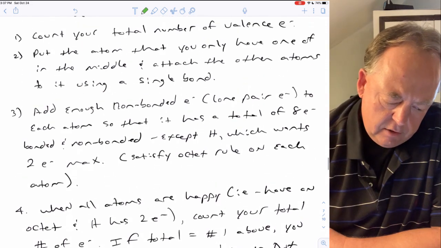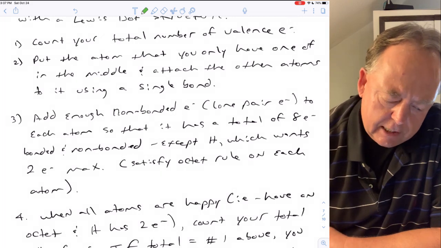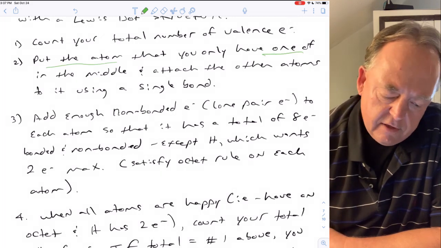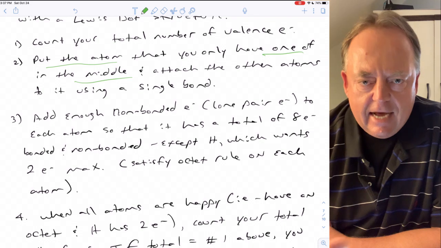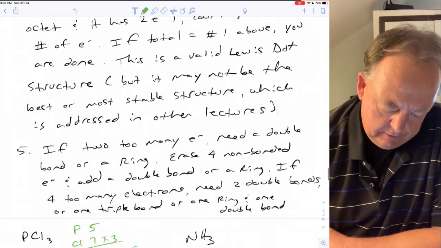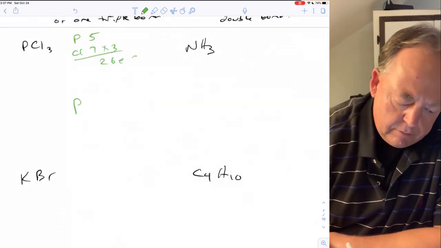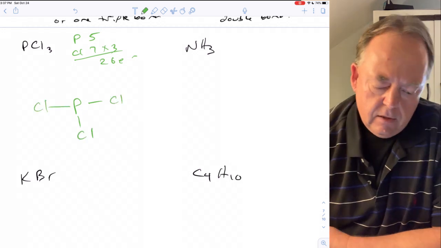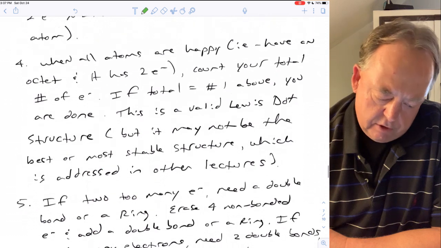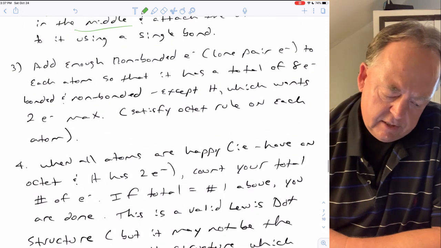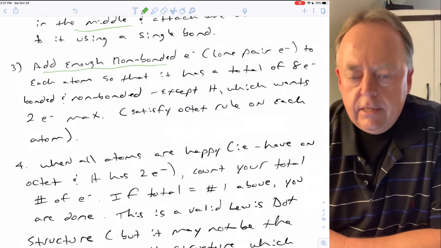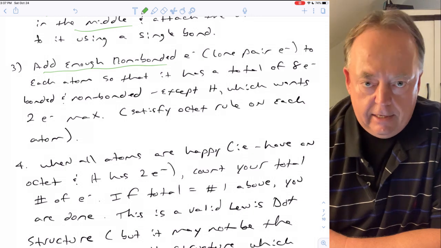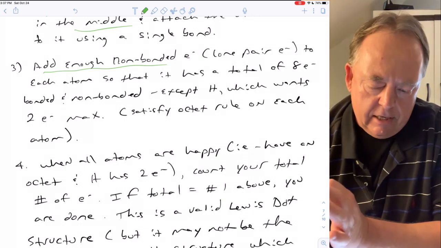So what we're going to do then is put the atom that you only have one of in the middle, and attach everything else to it with a single bond. So let's put phosphorus in the middle, attach the 3 chlorines to it with single bonds. And then number 3, we're going to add enough non-bonded electrons to give each atom 8 total electrons, bonded and non-bonded.